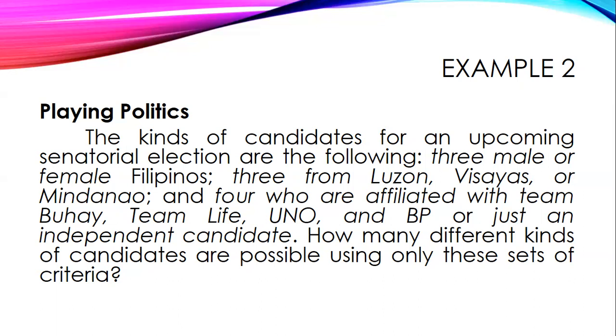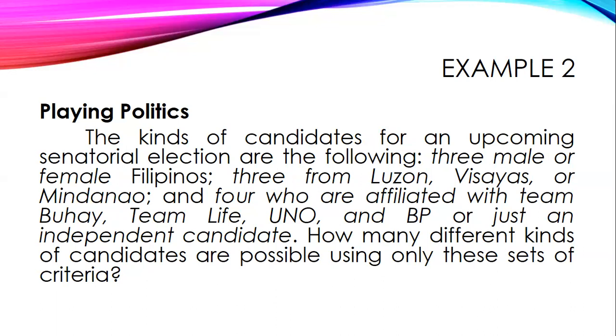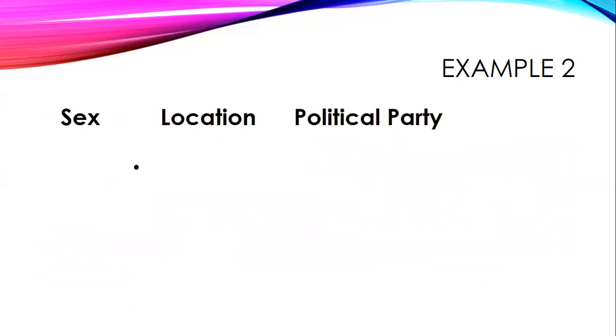So, let's determine first what are the criteria in this problem. So, we have sex, we have location, and we have the political party. So, tingnan natin kung ilan yung merong sex, ilan yung location, at ilan yung political party sa problem natin. So here we have how many sexes do we have? We have the male and female. So we have two.